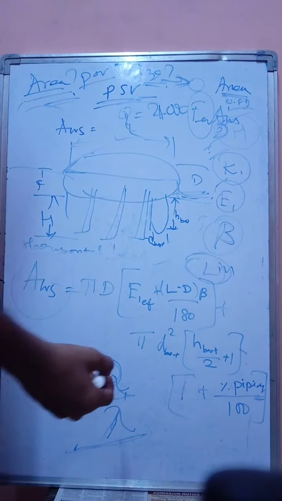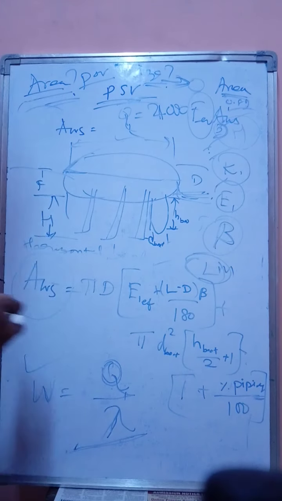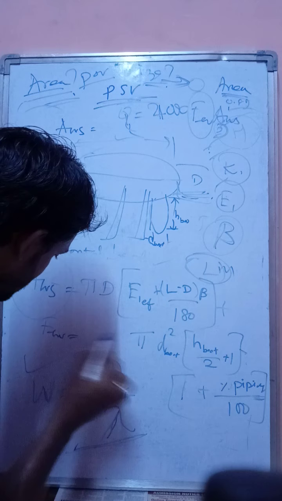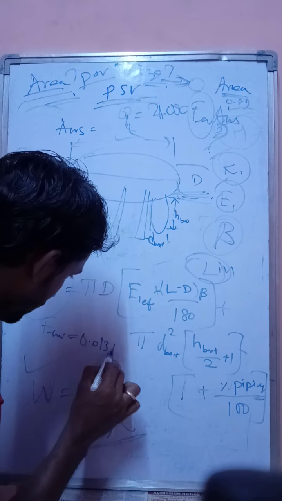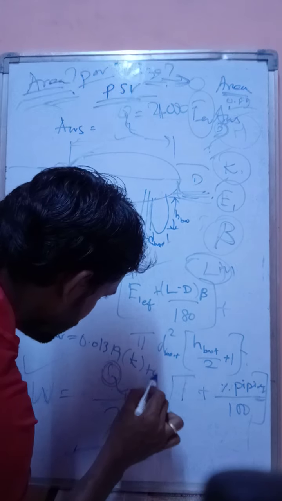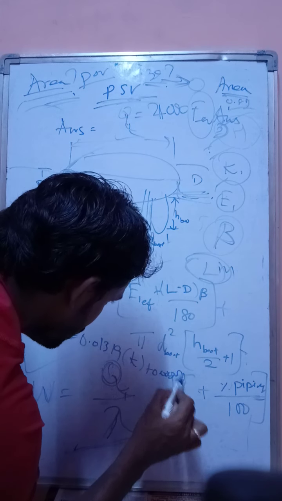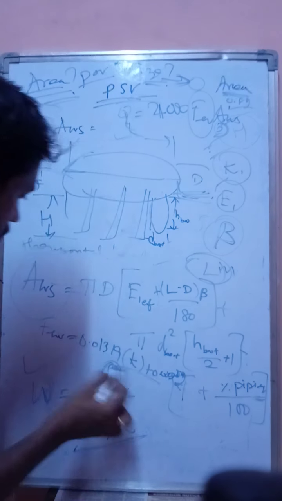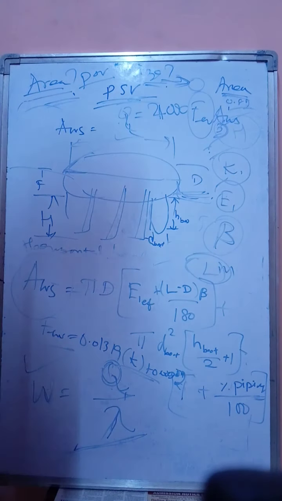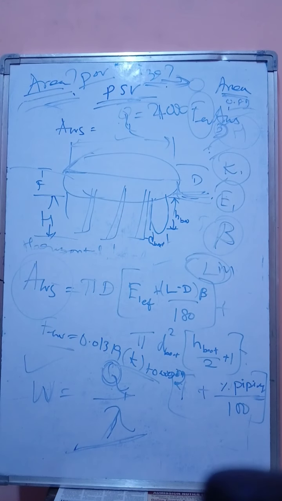And F environmental factor, I told you, you can get the data from the table, or you can use the formula that was given previously. I'll write one more time. F environmental factor is equal to 0.1319 into thermal conductivity plus 0.000302. If you use this formula, you will get F environmental factor. So from there, you know Q and W, both. Now we will go to the main thing.